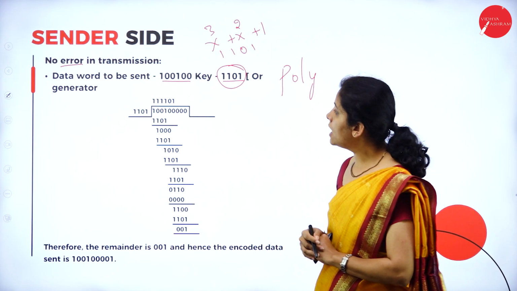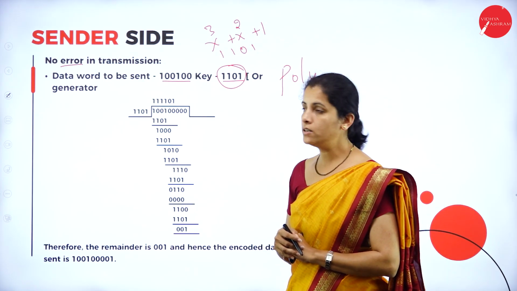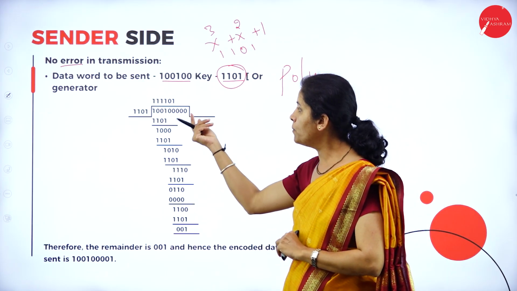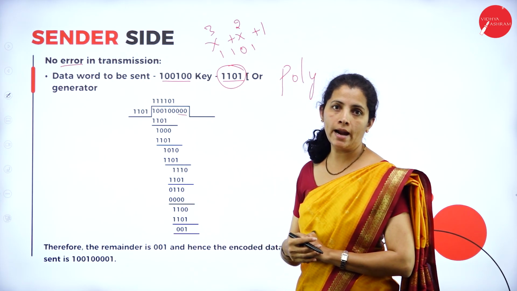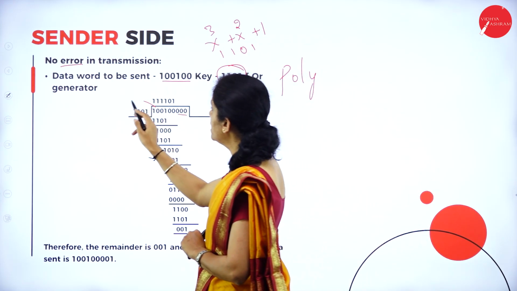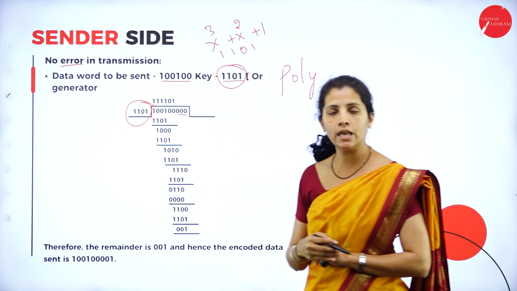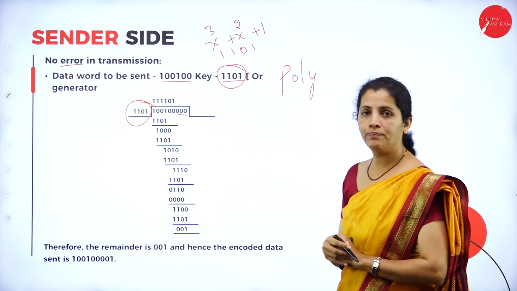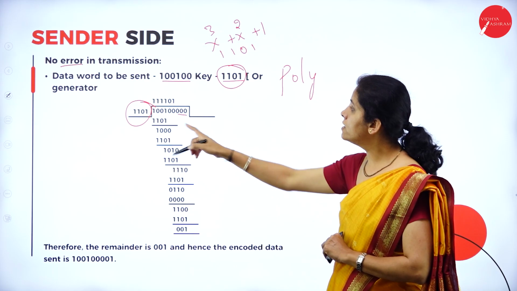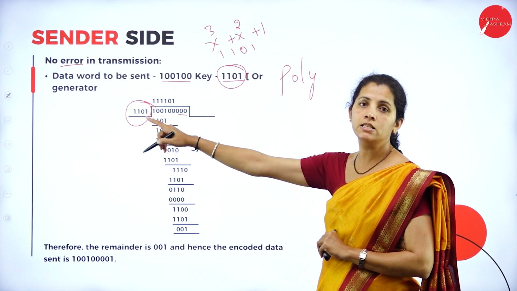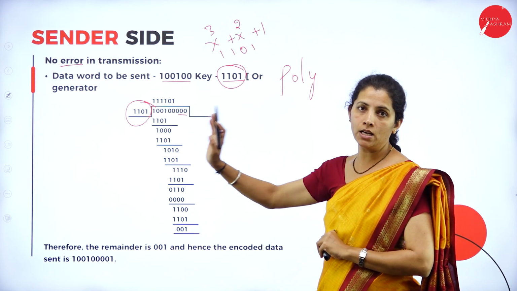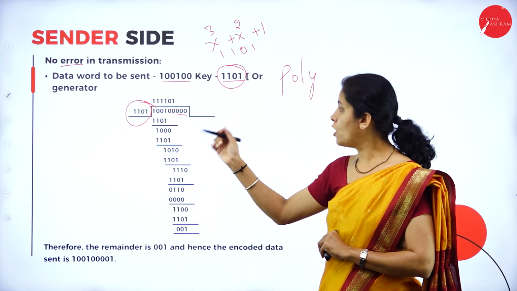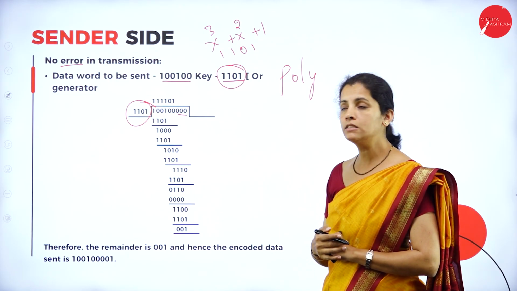Now, according to the algorithm, how many zeros I want to add depends on my k value. See here, what is the length of the key? It is 4, so 4 minus 1 is 3. So how many bits do I want to add? 3.